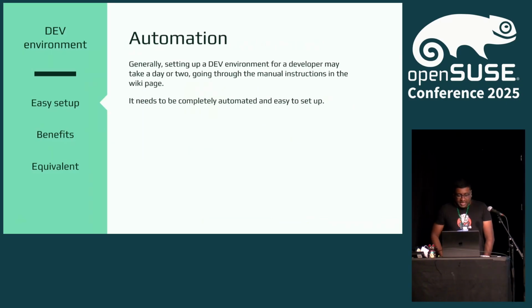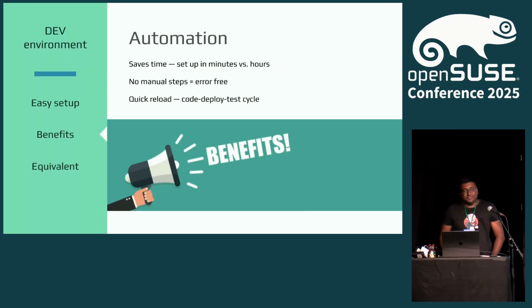I've already talked about manual setup instructions, which can be completely automated using scripts. The benefit is that instead of taking hours with the earlier manual approach, the entire setup can take minutes. No manual steps means error-free.